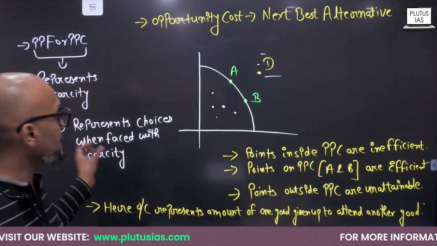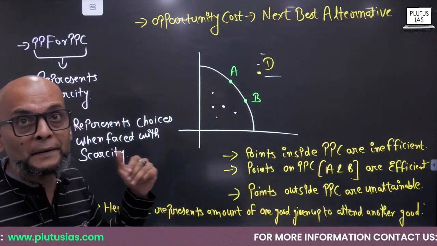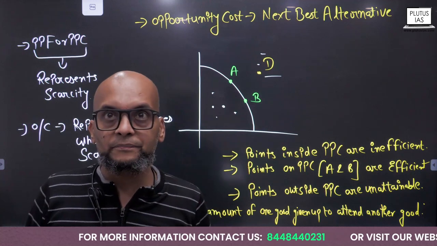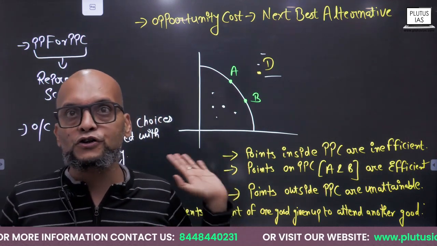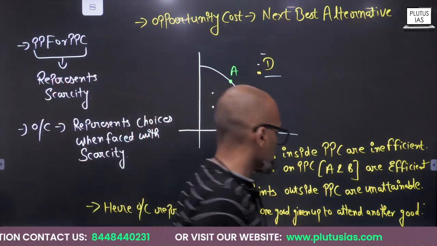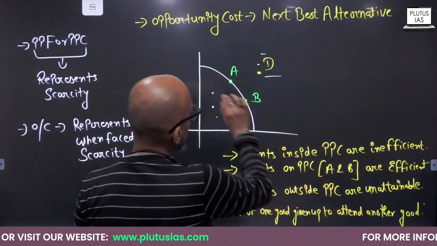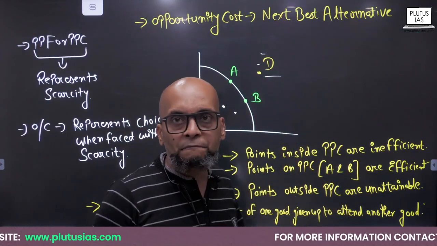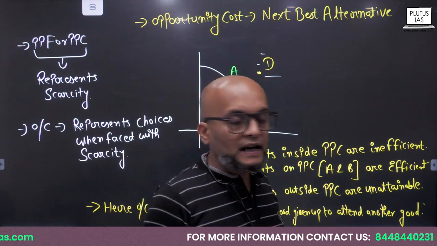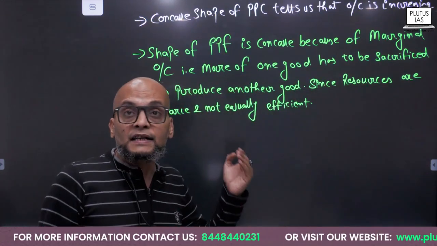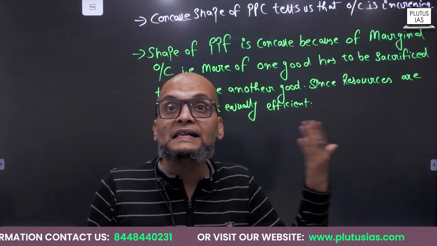It is representing the choice which one makes when facing the scarcity. Okay, that's what opportunity cost means here. Moving on. Now see, what is this shape? The shape of PPF is concave. And why is the shape of PPF concave? It means that opportunity cost is increasing.